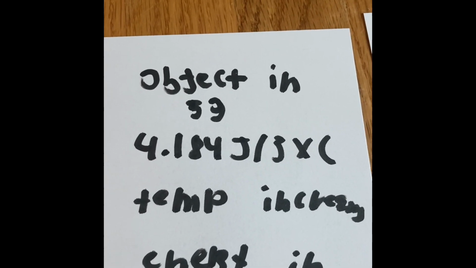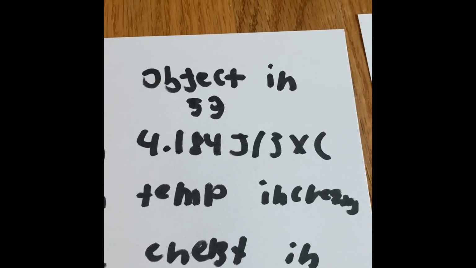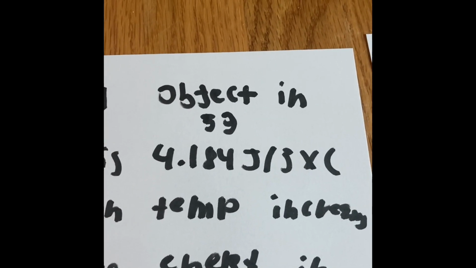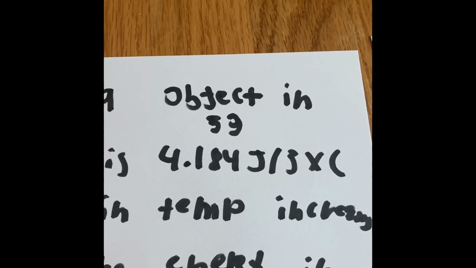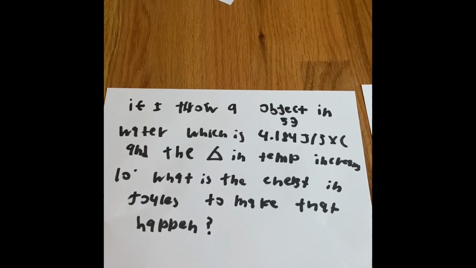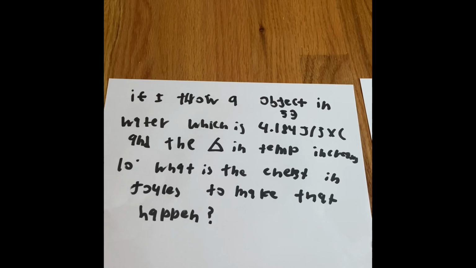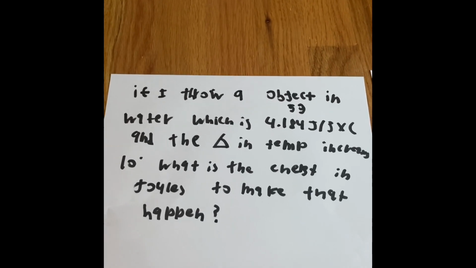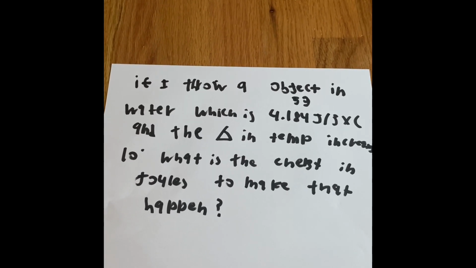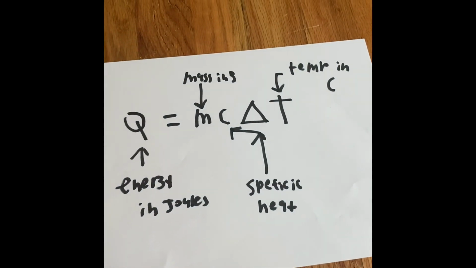If I toss this object into the water, how much energy is needed for the temperature to increase by 10? Well, there is a formula that we're going to look at.